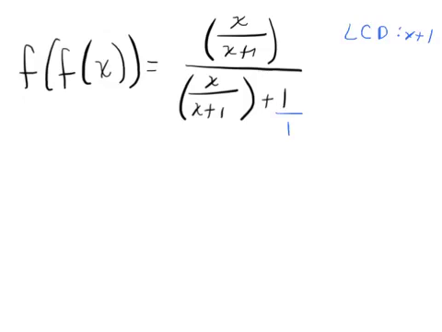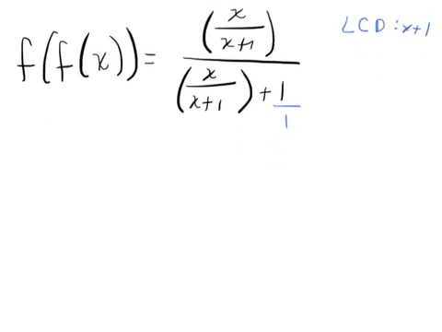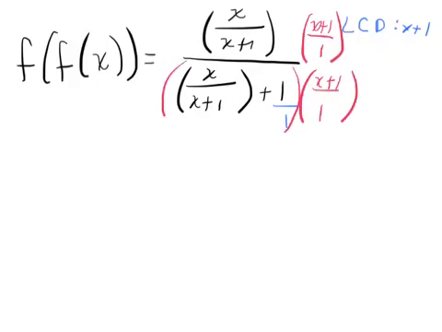So let's multiply by x plus 1 over x plus 1. See what I have to do there, by the way? I have to put major parentheses around the original full denominator to remember to distribute the x plus 1 to every term.